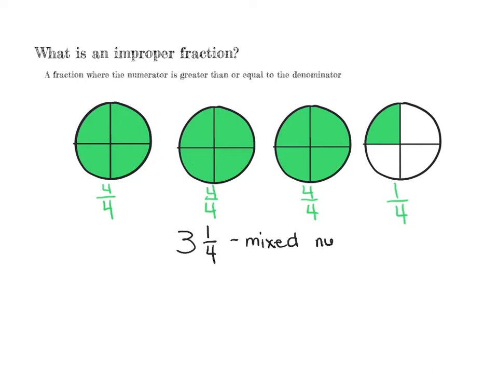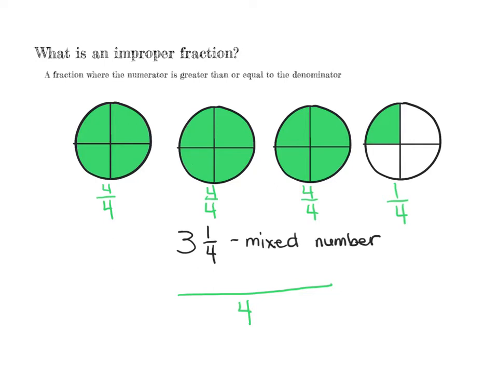As an improper fraction, we are going to write it as we add up all of the parts, okay? And our denominator is always 4. We know that because each pie has 4 pieces, so the denominator is always 4.